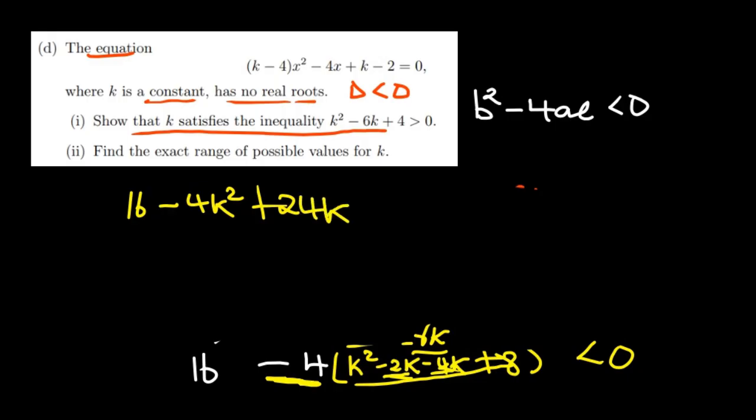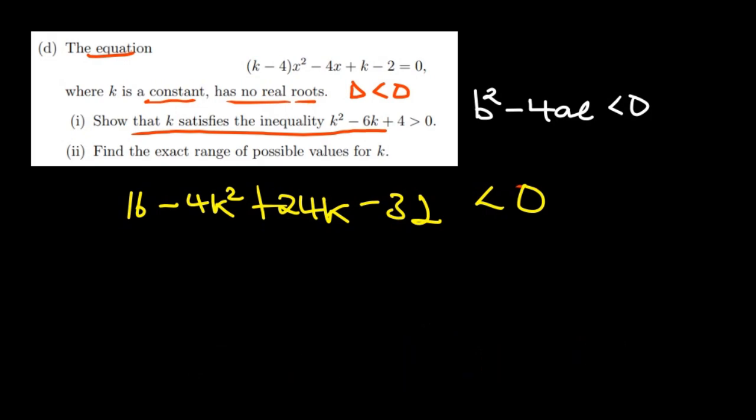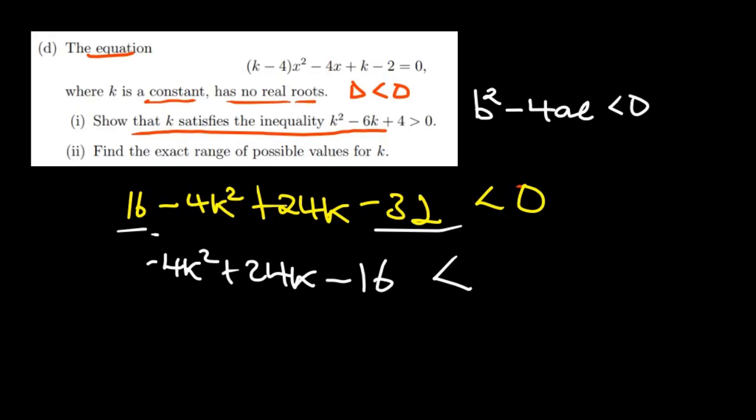Then minus 4 multiplied by 8 gives minus 32, and all this is less than 0. From here we have to put the like terms together: minus 4k squared, plus 24k, and then 16 and minus 32 give us minus 16.